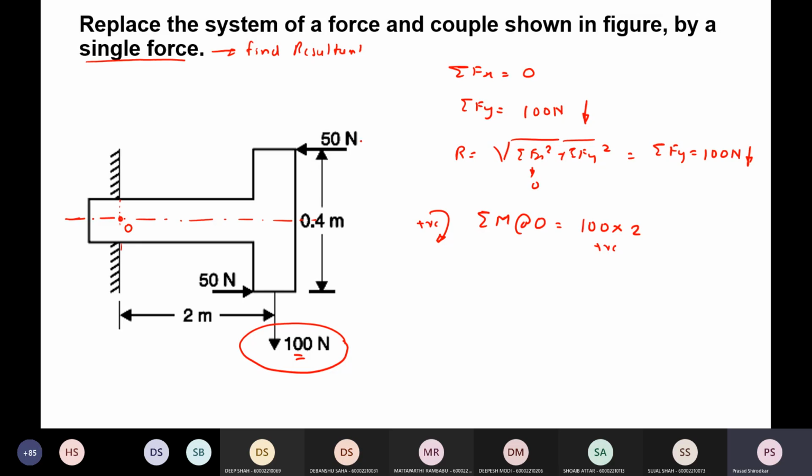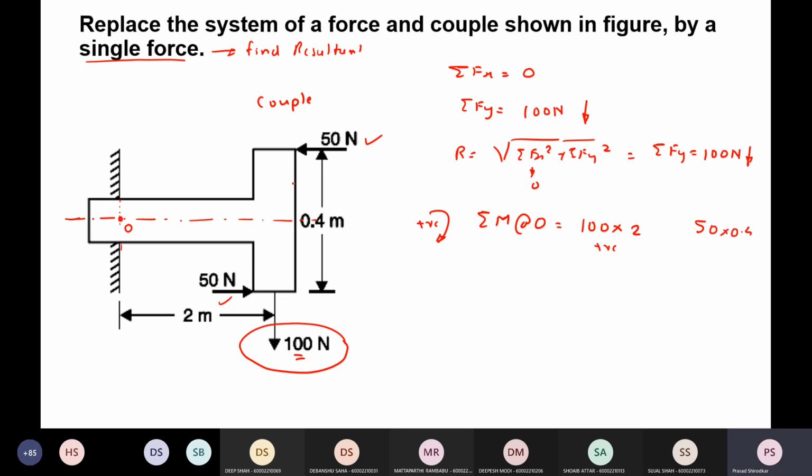Now these two 50 Newton forces are forming what we have learned earlier as a couple: forces with equal magnitude, opposite direction, separated by a finite distance of 0.4. So the value of this couple will be 50 into the perpendicular distance, that is 0.4.